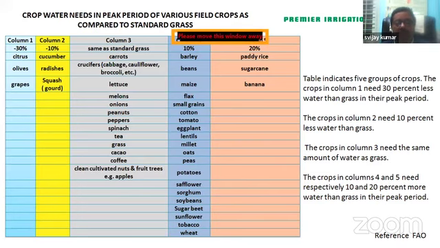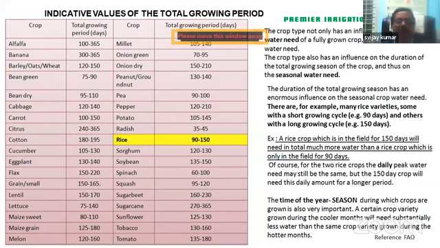So columns 4 and 5 will respectively require 10% and 20% more water than that is required in the peak period. So this is the classification, and based on your climatic region and based on the crop in consideration, you can look at this chart and decide what percentage has to be taken. So this is an indicative growing period.